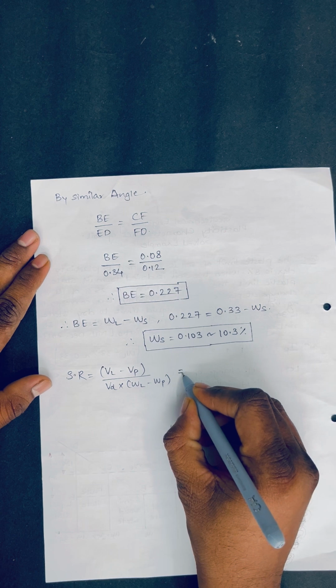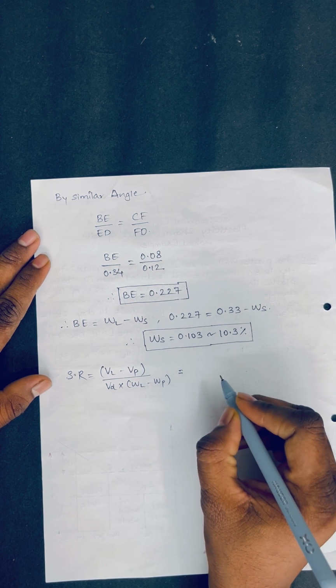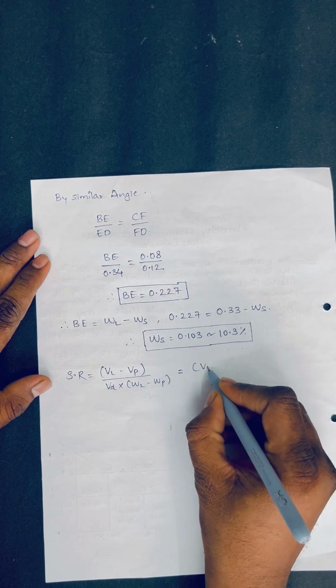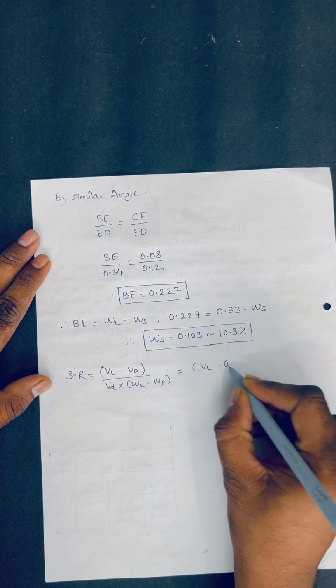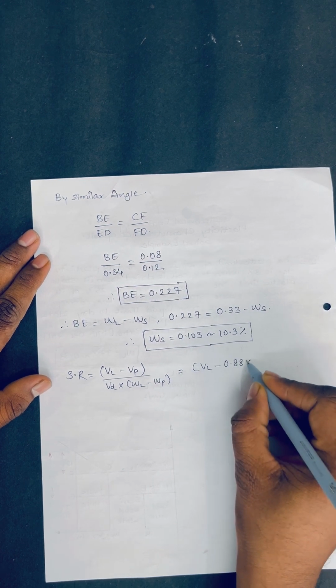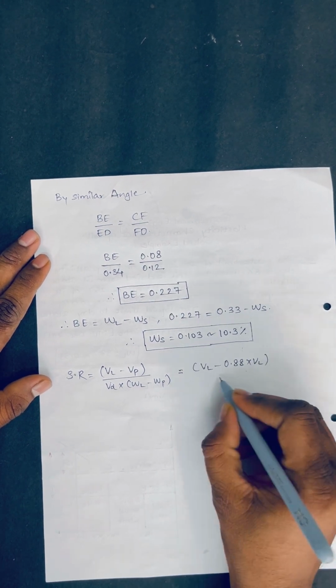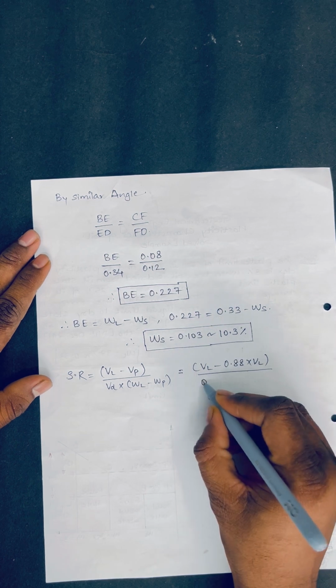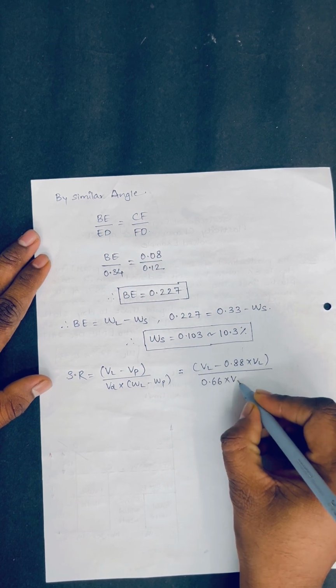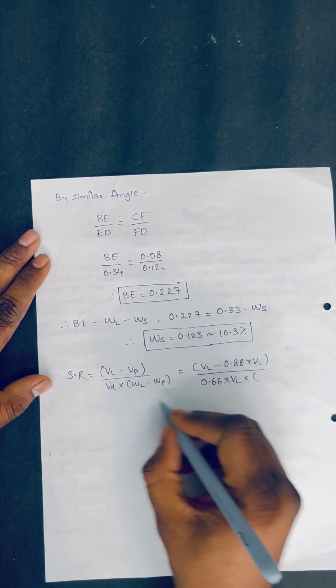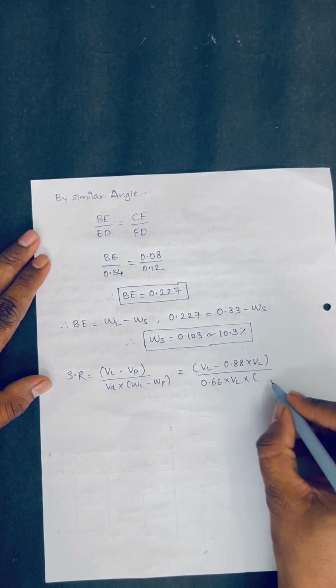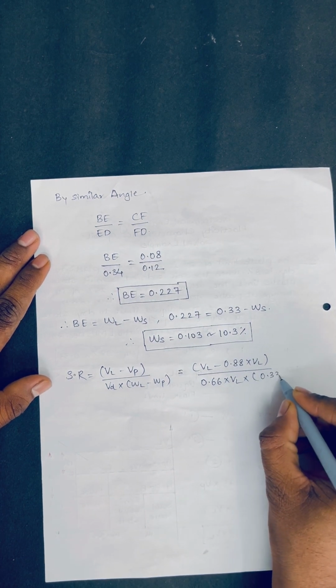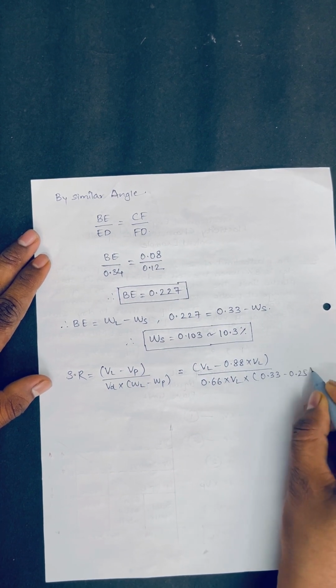Now the value of VL is to be kept as it is. VP, we know, is 0.88 VL. VD is 0.66 VL, and here the water content values are already known to us, that is 0.33 and 0.25.